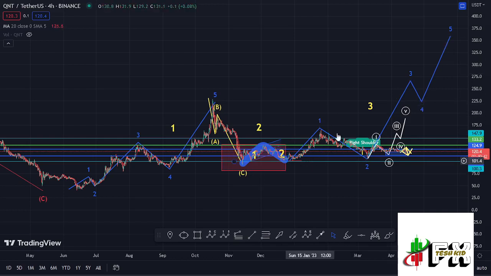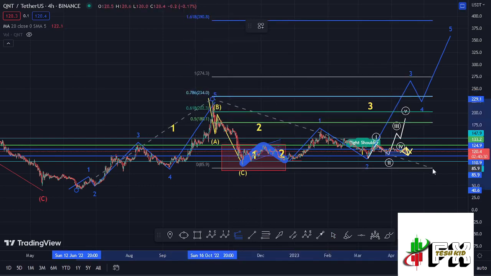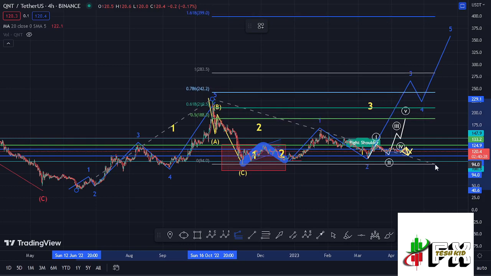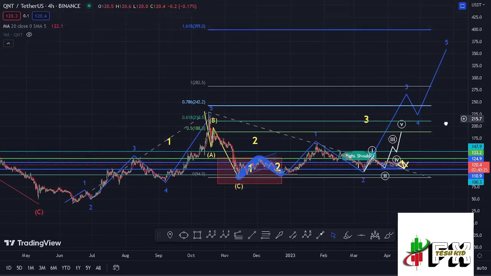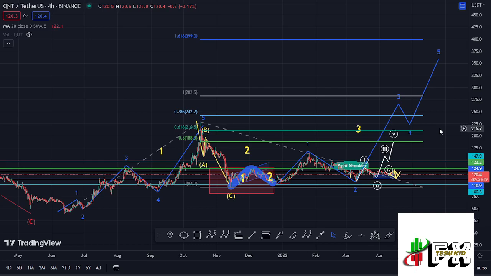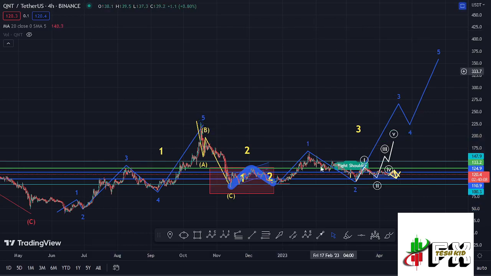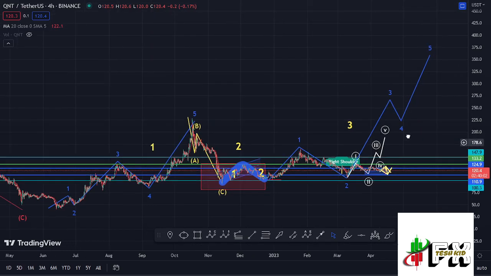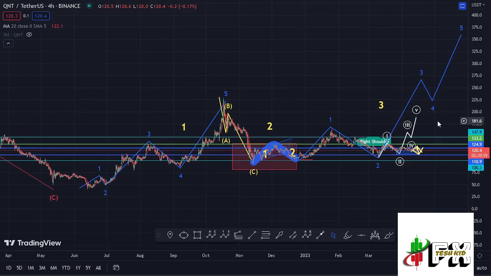And by first giving you a target area to the upside in the formation of this wave 3 by connecting the trend-based Fibonacci from the low of the first wave to the high of that wave 1, then dragging the fibs to the low of the second wave, that now gives me a target area in the formation of that wave 3 at the fib level 1.618, and that is at around the $399 mark, and that is the minimum that we can expect Quant to do on the long-term scenarios, and also expect to see a 5-wave structure in formation, having the wave 5 fully maximizing our target areas. So that is what I'm expecting on the short-term scenarios and also on the long-term scenarios.